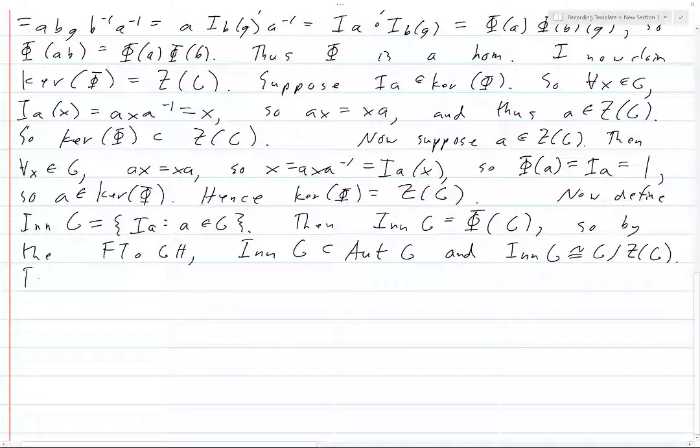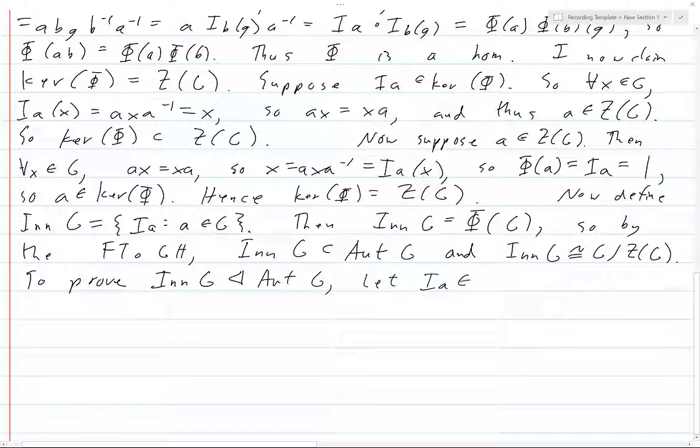So to prove Inn(G) is a normal subgroup, let I_A be in Inn(G). Then for all x in G, we look at phi.